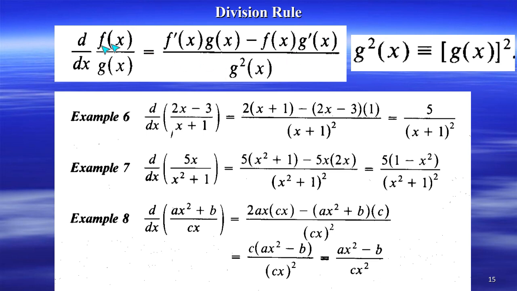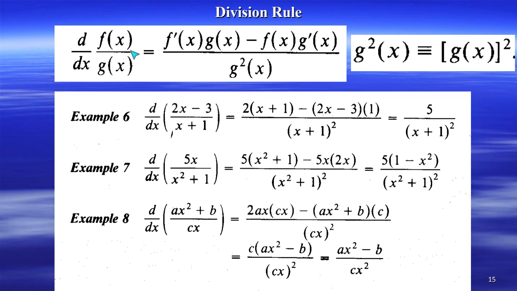So, the derivative of the numerator times the denominator minus the numerator times the derivative of the denominator, the whole over the denominator squared. This is the division rule, the formula of the division.